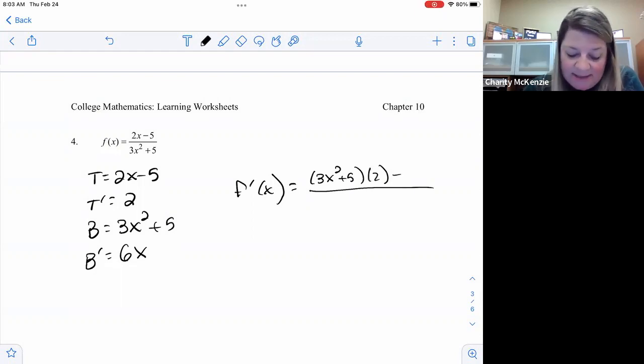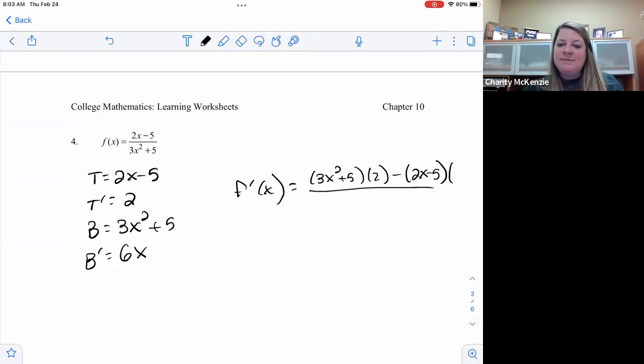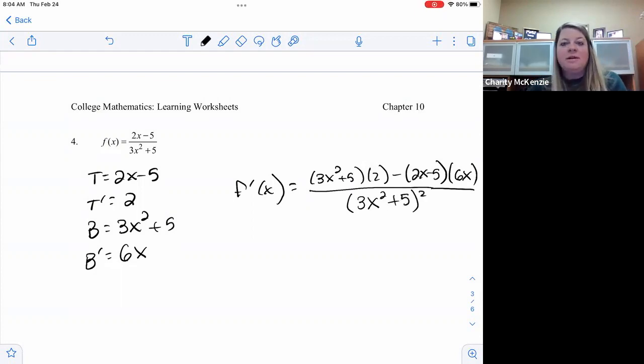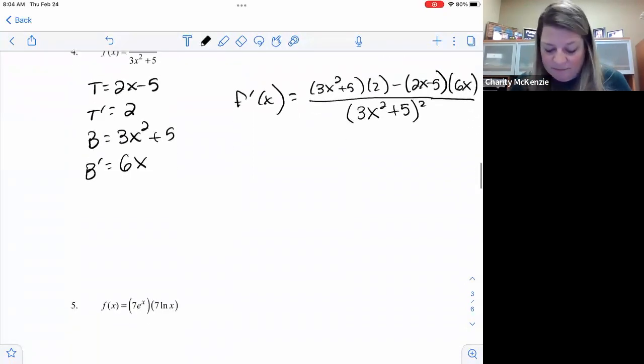And then minus the original top, which is 2x minus 5, and I'm using all my parentheses for my timesing. Then times the derivative of the bottom, which is 6x. Okay, and that's all over the bottom squared. Done. I could simplify. I don't have to.